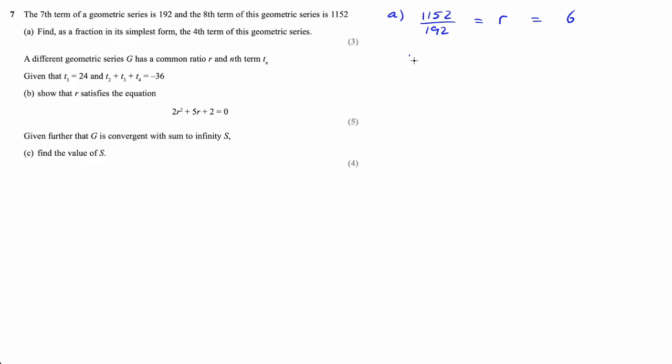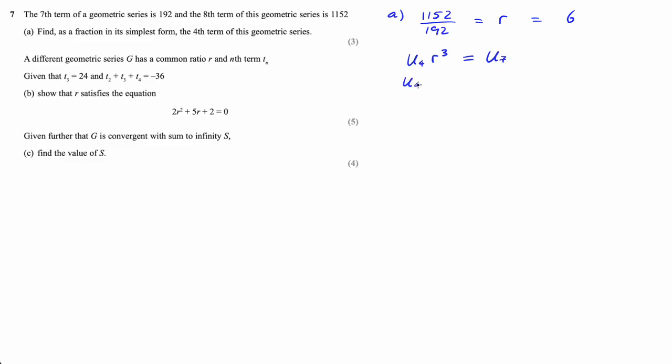Okay, so u4 times the common ratio gives me u5. Again, gives me u6. This gives me u7. So u4 times r cubed is equal to u7, which is 192.